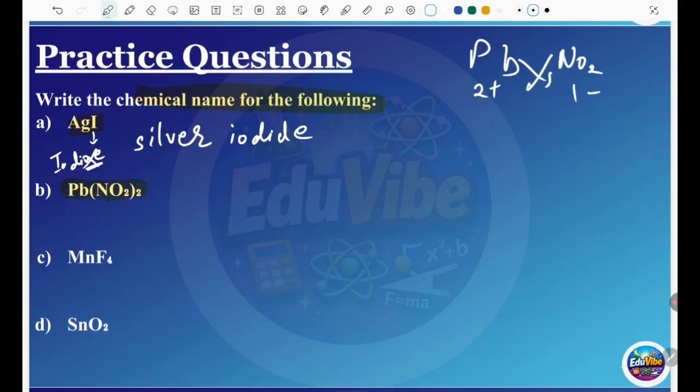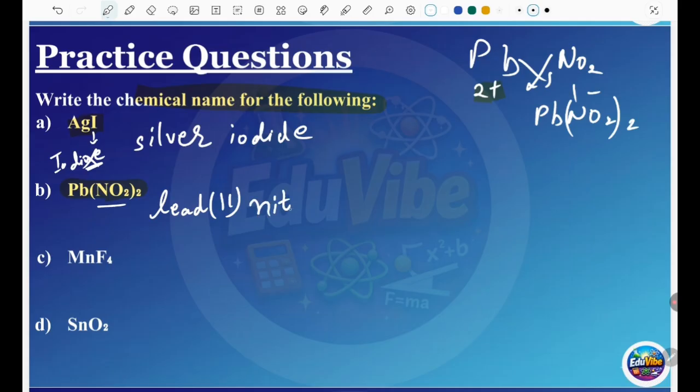As you see on your periodic table, Pb can have 2 positive or 3 positive charges, but here it is 2 positive, and 2 positive means we have to mention it in Roman numerals. So we have lead(II), and then the NO2 part. It is not nitride, we have to ignore that; it is nitrate. This is a polyatomic ion, so nitrate is fine.